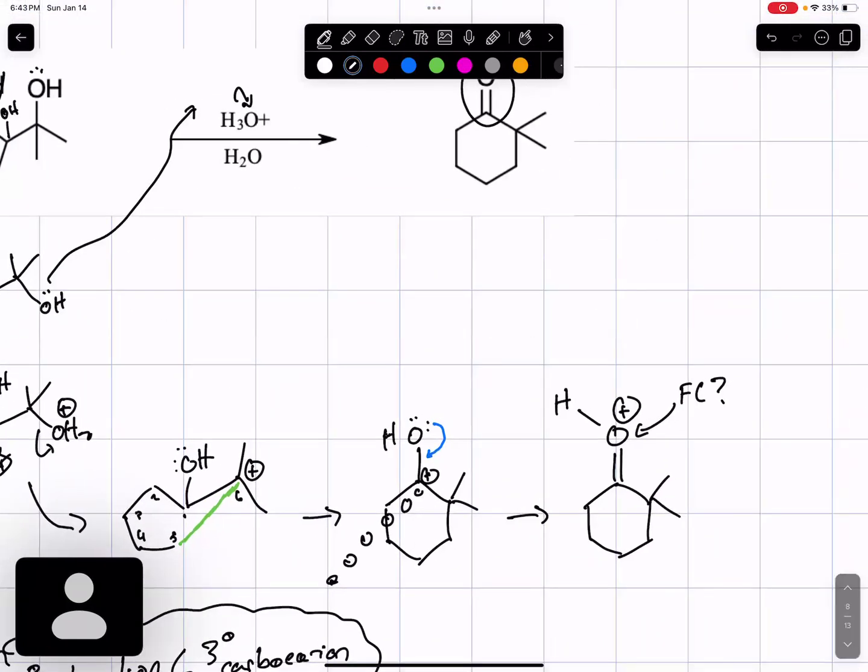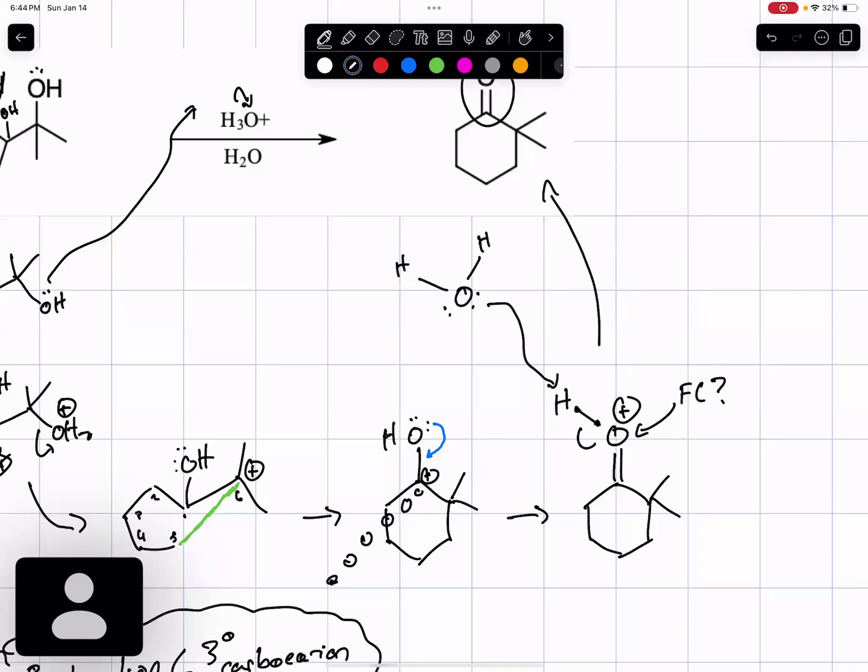How do we get rid of that positive charge? How have we been getting rid of all these positive charges? Proton transfer. All you have to do is a proton transfer with water. Oh yeah, sorry, you already had it.